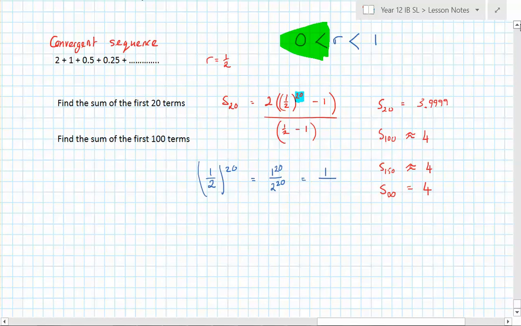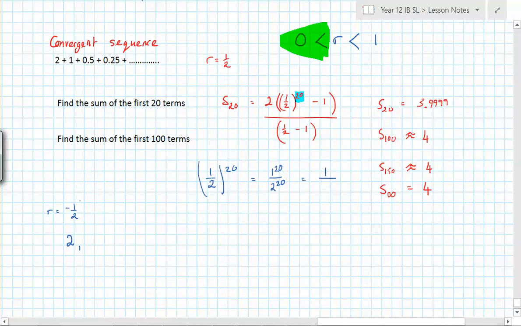So my question therefore is, what if r is, let's say, minus a half? What would the sequence be? 2. If you have to do 2 times minus a half on your calculator, I want you to reconsider your position in this class. I'm sort of being sarcastic.